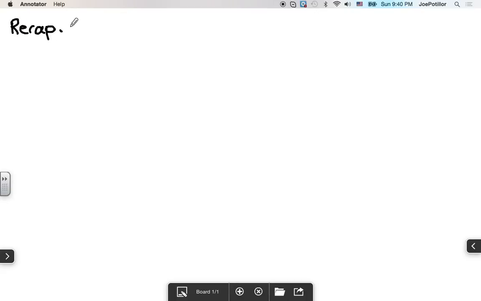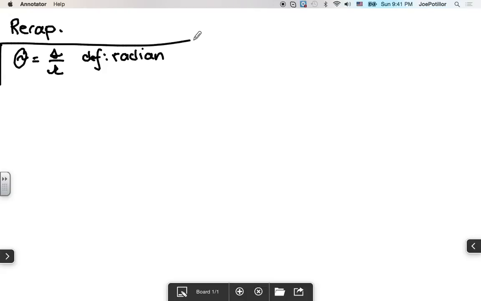the recap, we defined a few quantities. We defined the radian angle as the ratio of arc length to its radius. And this is the definition of a radian. Right? And also we defined angular velocity or angular speed.